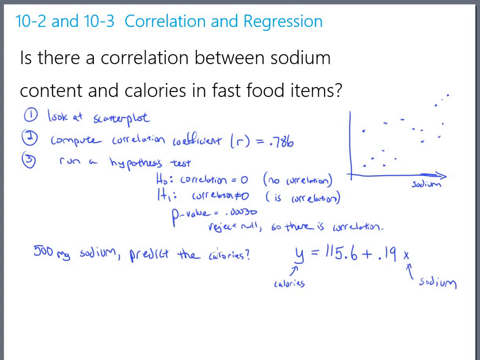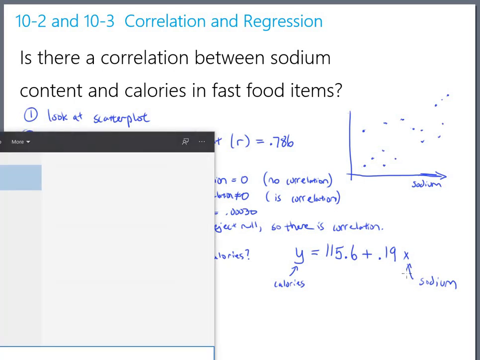So I just asked you to plug in 500 milligrams. So that's just calculator work. I need to plug in 500 where the x is. So I'm going to get my calculator app.